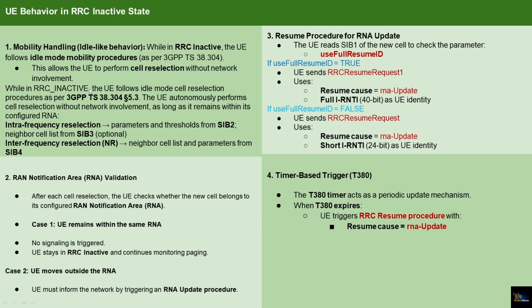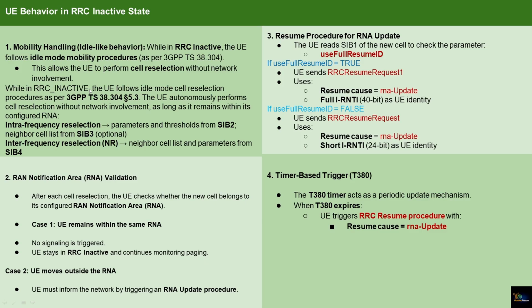Mobility: we checked how mobility is handled. RAN notification area validation: how do you validate it? If you remain within the same RNA, there is no need to trigger signaling, and you stay in RRC inactive and continue monitoring paging only.